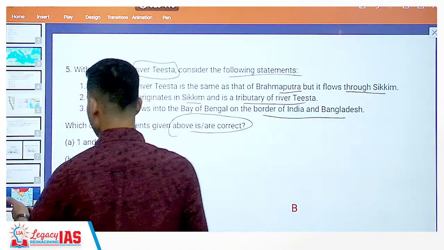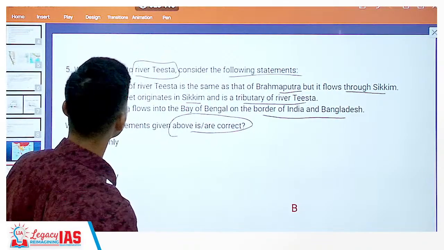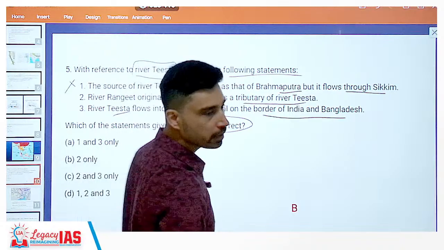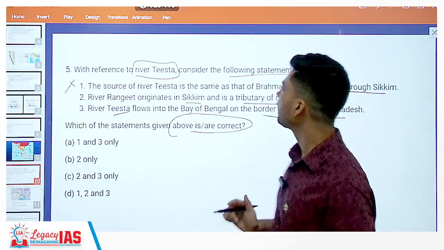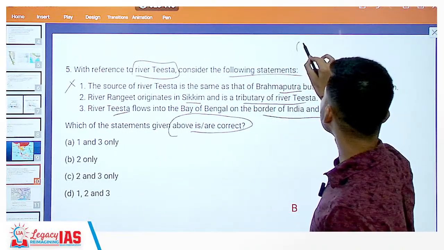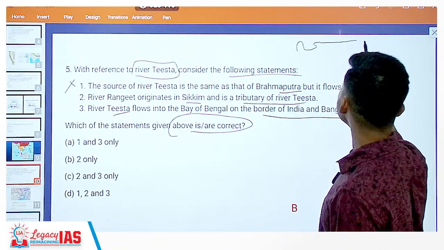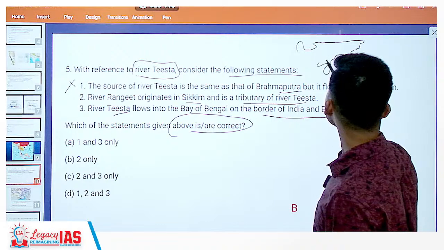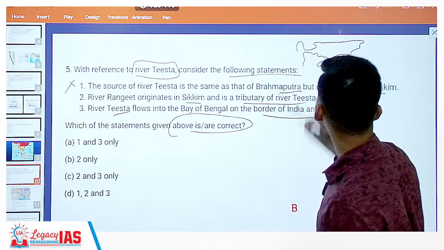Now, the first statement is incorrect, because the Brahmaputra river originates from the Kailash range of Tibet, where we have the Angsi and Chemayungdung glacier. So if I draw the map of Northeast India, it looks something like this.